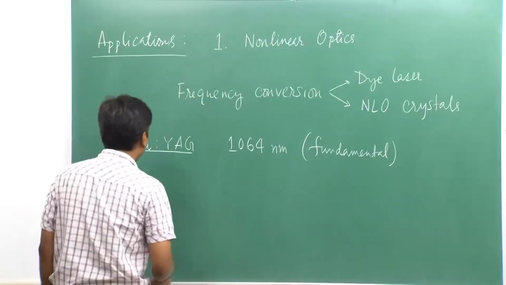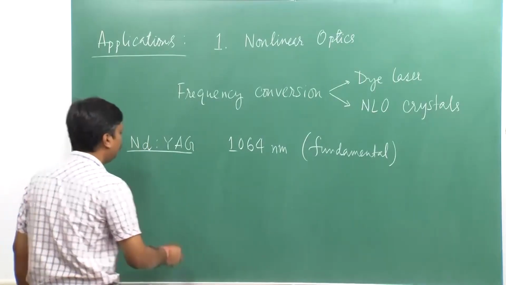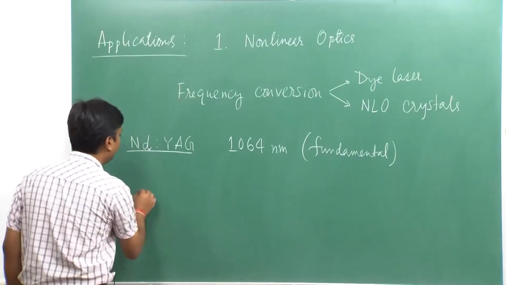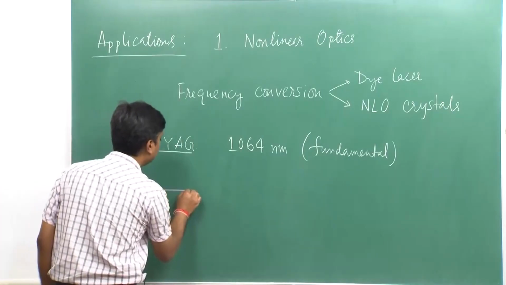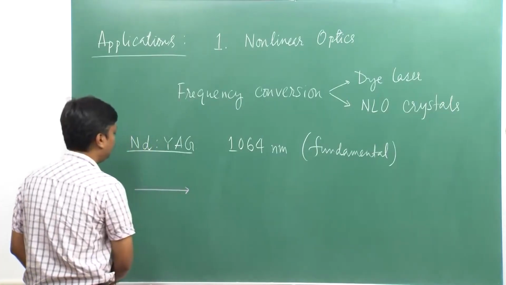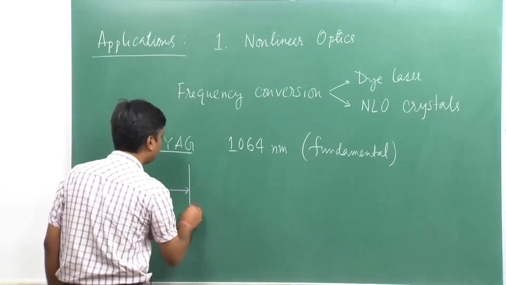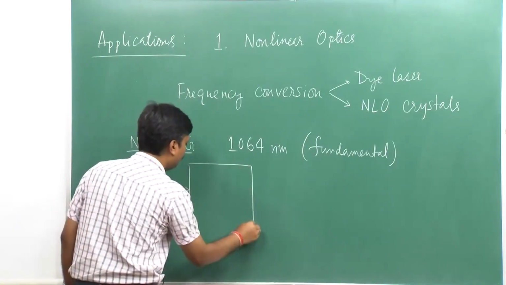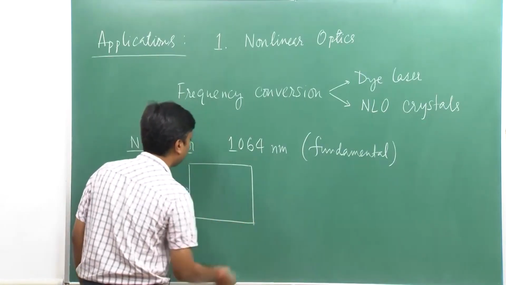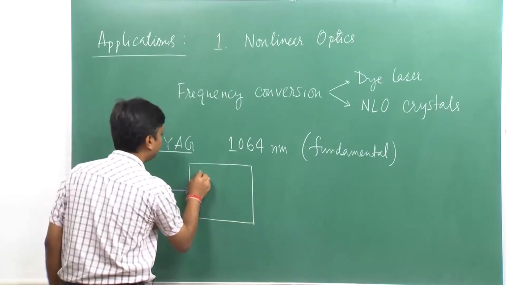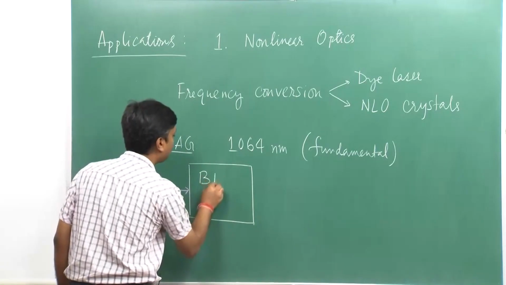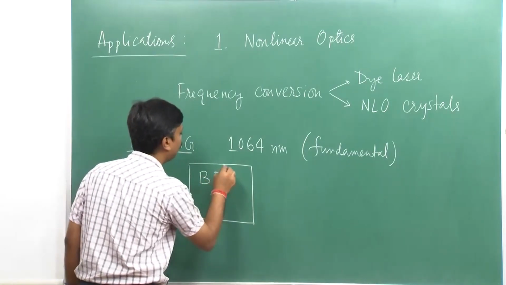Now what people used to do is take the output of the Nd:YAG laser and put a transparent crystal of something like beta barium borate.